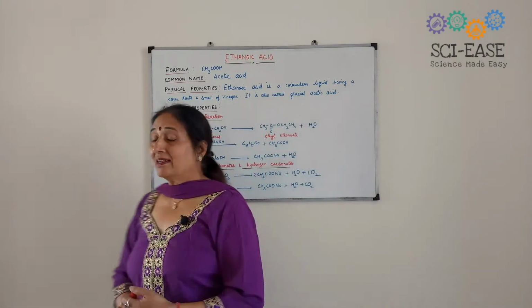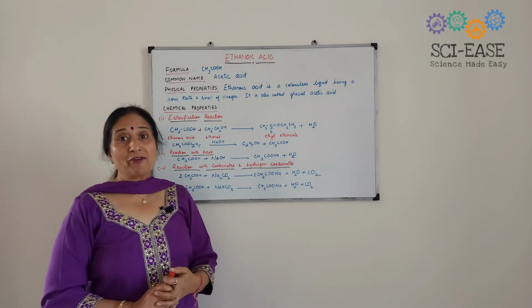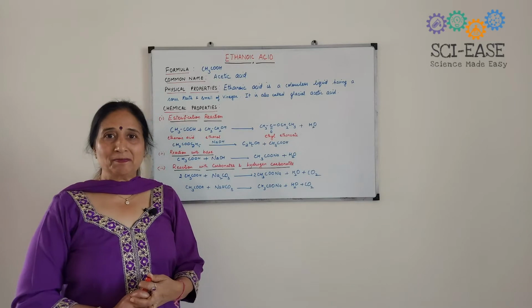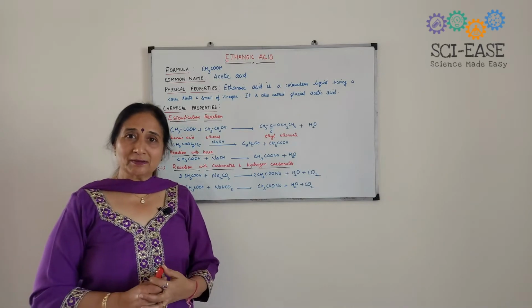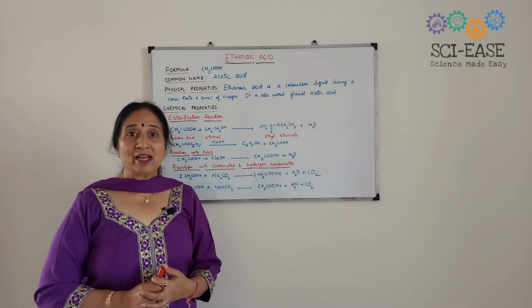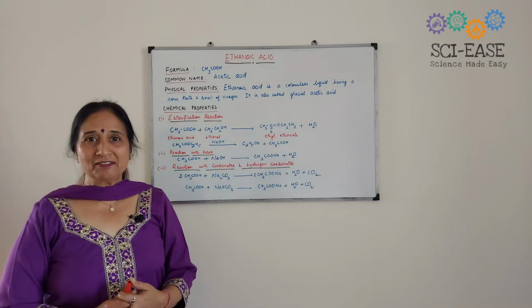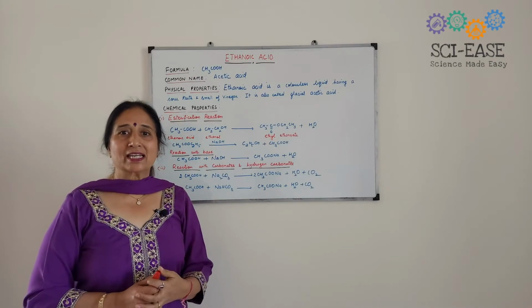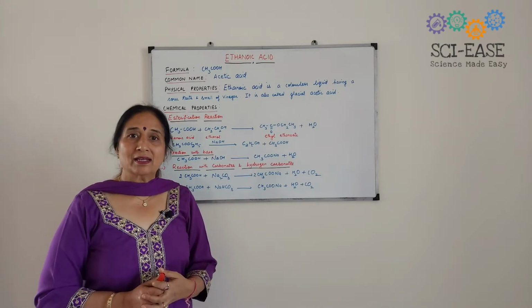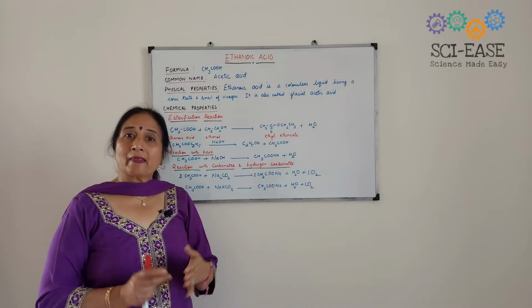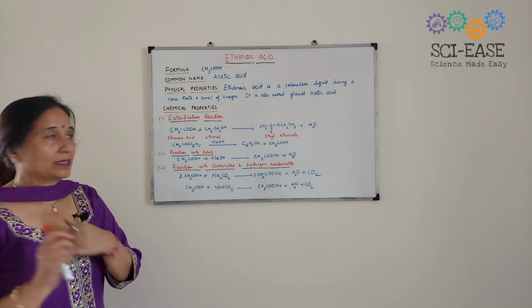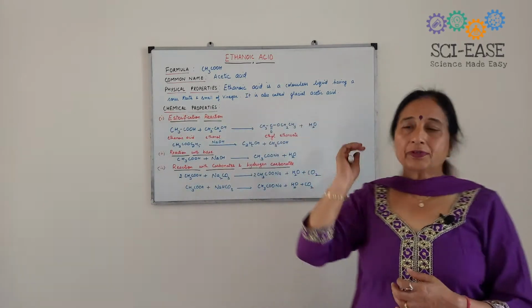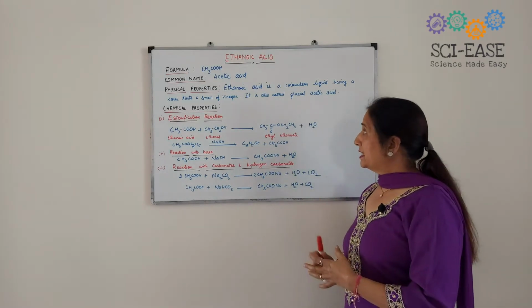And the dilute form of acetic acid is known as vinegar, and we use vinegar in our day-to-day life. It's the best preservative. So 5 to 8% of acetic acid in water is known as vinegar.